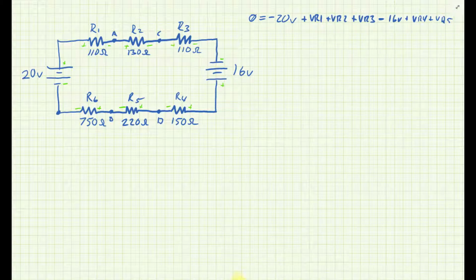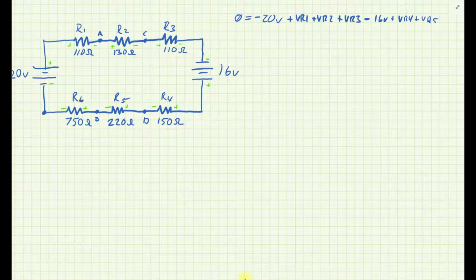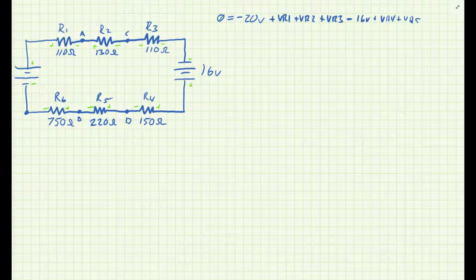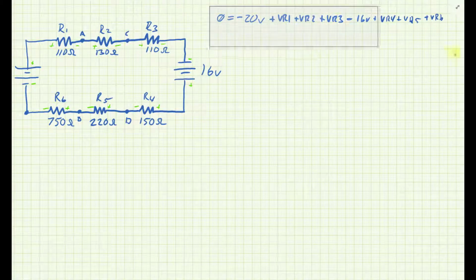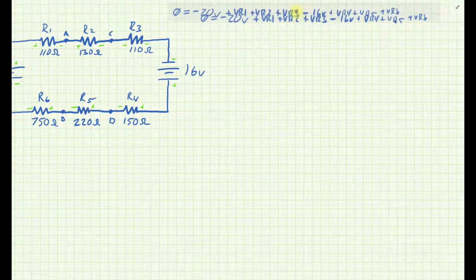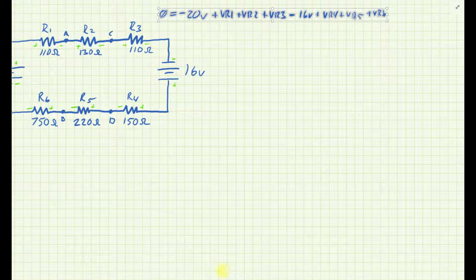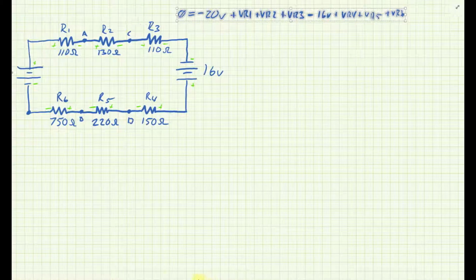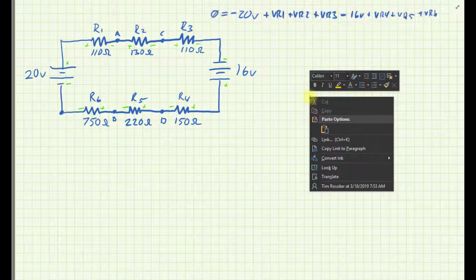Now of course I've run out of room here. Let me just fix this a little bit real quickly. Plus VR6. Alright, let's see if I can actually just move that here. And I think I can. There we go. Bear with me for the scrolling. Sorry about that.